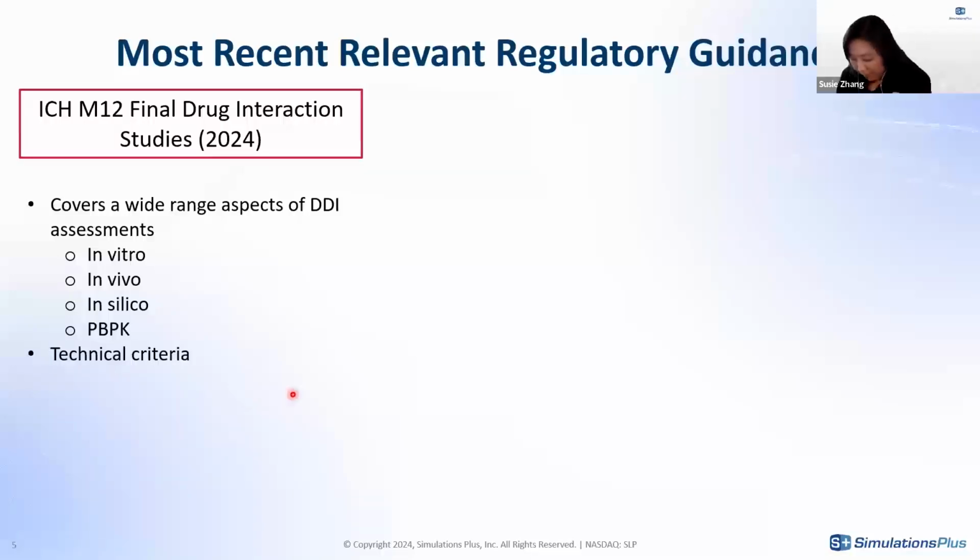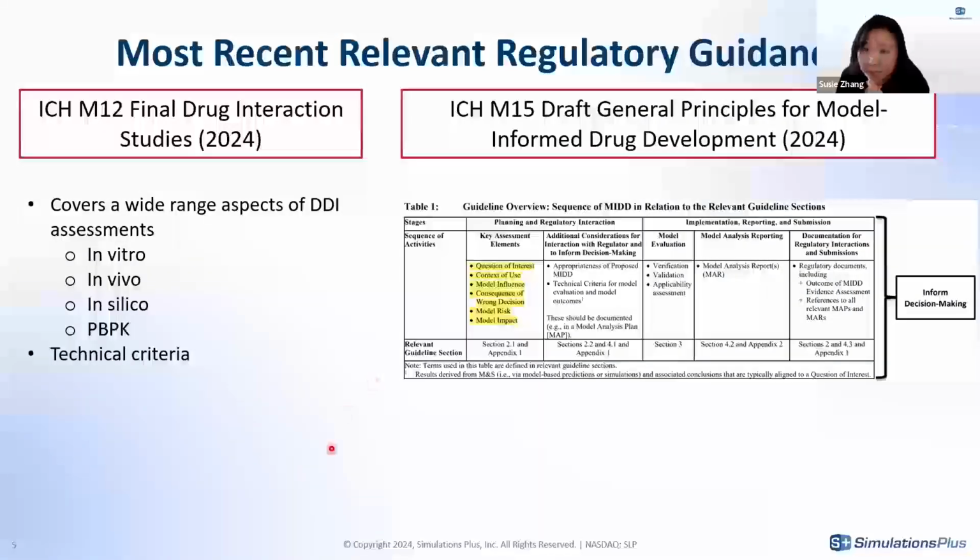While M15 guidance is more of a general guidance, it included all kinds of model-informed drug development tools, including population PK, exposure response analysis, PBPK, more complex models such as QSP.